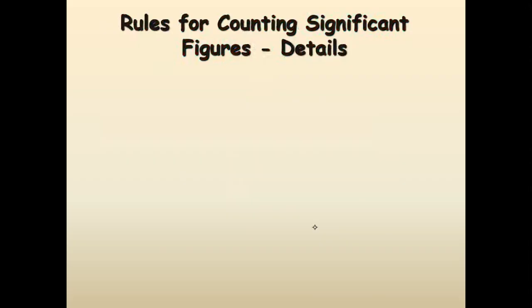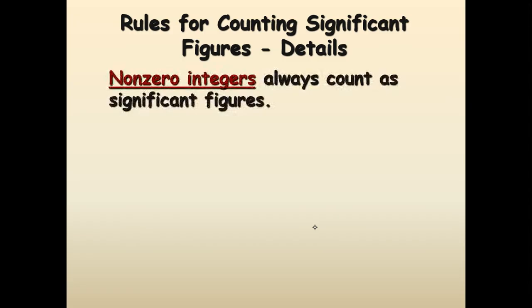So, first things first. When looking at a measured value, a value that's given to you, you are going to first need to know how many significant digits or significant figures that particular measurement has. And there's a series of rules, actually five different rules. So the first was easy.